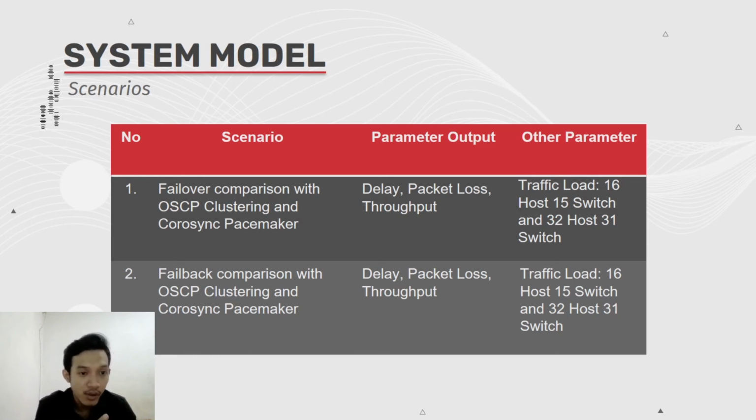And two, failback comparison with OSGP clustering and crossing pacemaker. The output parameters are delay, packet loss, and throughput, and the other parameter is traffic load with 16 hosts and 15 switches and 32 hosts, 31 switches.